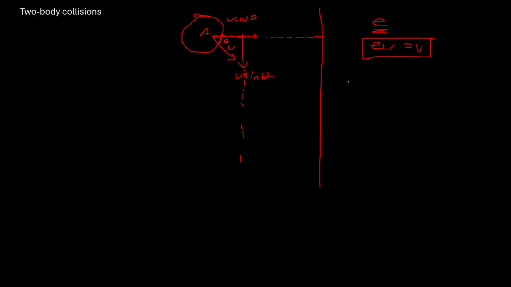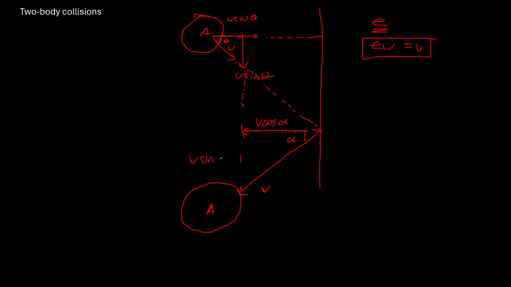So now consider the final velocity of A once it finishes colliding. Let's say that it collides like this, and it leaves at an angle alpha and at speed v. With that being said, the horizontal component of A is going to be v cos alpha, and the vertical component is going to be v sin alpha.